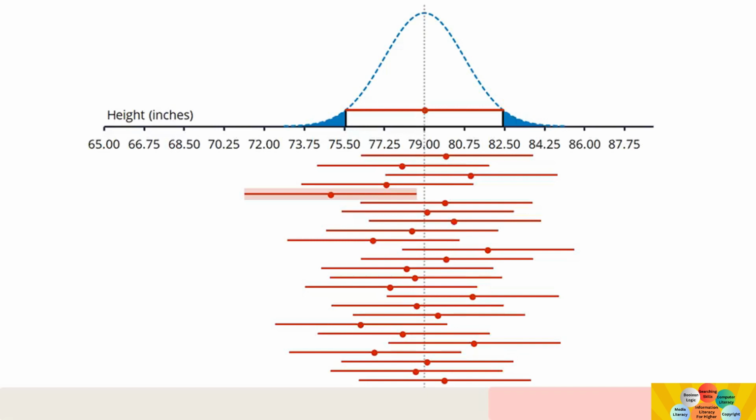With alpha at 0.05, as is most typical, this means that 95% of the intervals around randomly selected sample means will include the population mean, as you can see here. An interval drawn around a sample mean in this way is called a 95% confidence interval because we can be 95% confident that if we repeat this procedure many times over the long term, 95% of the intervals will include the population mean.